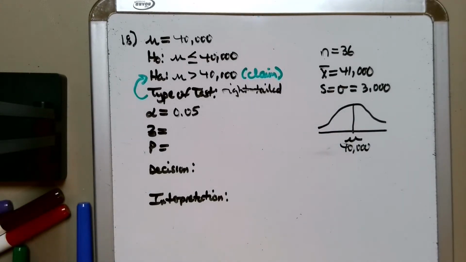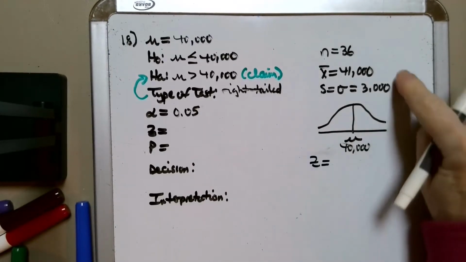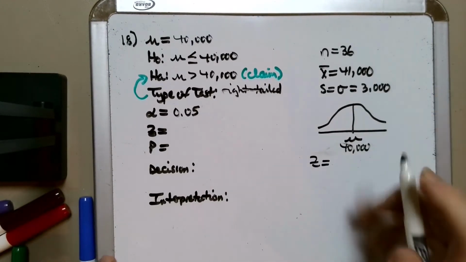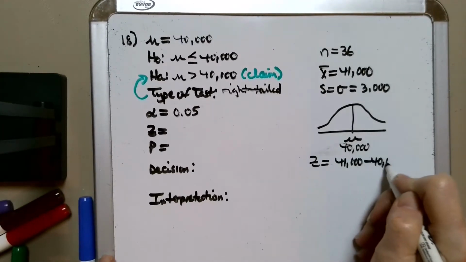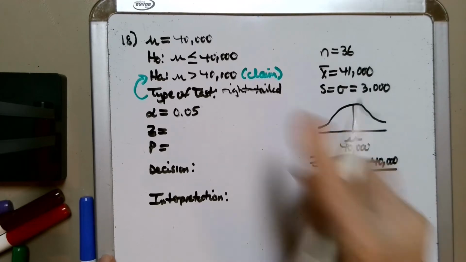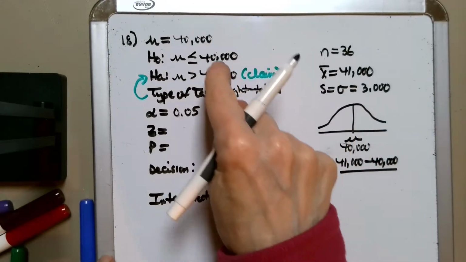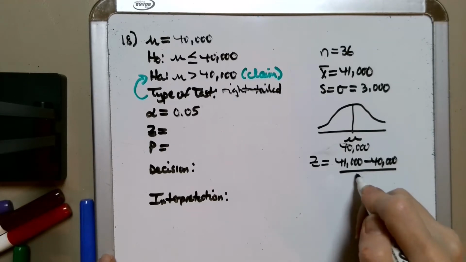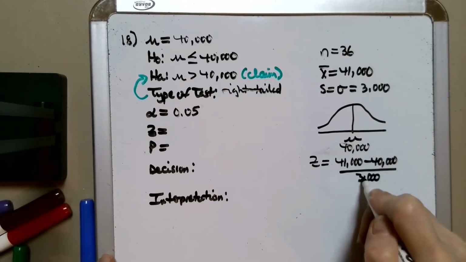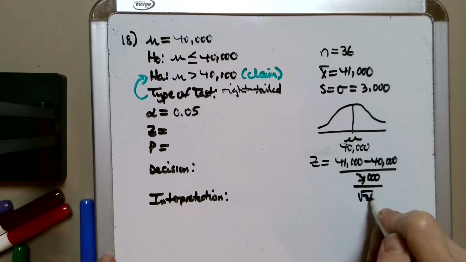Okay. And so we are going to calculate a z-score using the longer z formula because we're converting x bar 41,000 into a z-score. So x bar 41,000 minus mu 40,000, which is what we compared it to in the two hypotheses. So that's why we're using that for mu. Over the standard deviation, 3,000 over the square root of the sample size, 36.